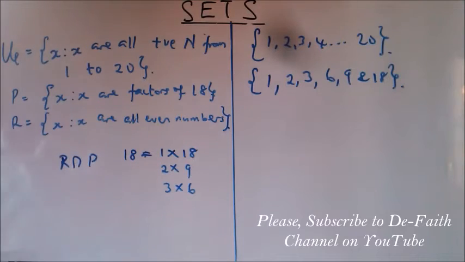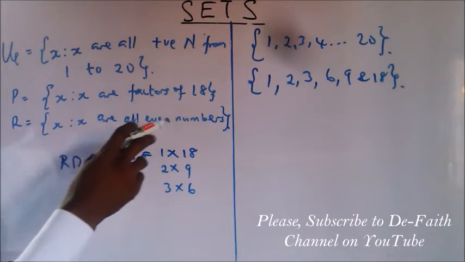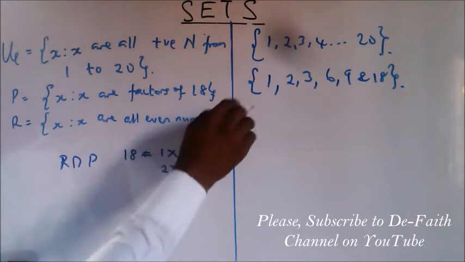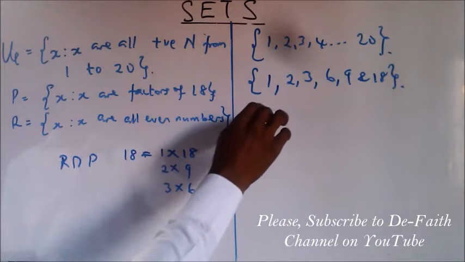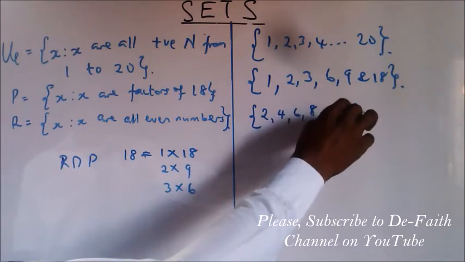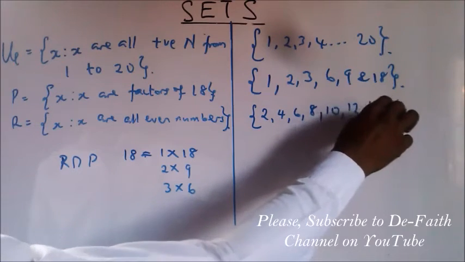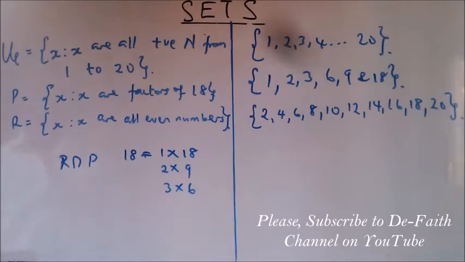And next, R, x such that x are all even numbers. The even numbers that we are talking about here will fall within 1 to 20. So we have 2, 4, 6, 8, 10, 12, 14, 16, 18, and 20. These are the even numbers.